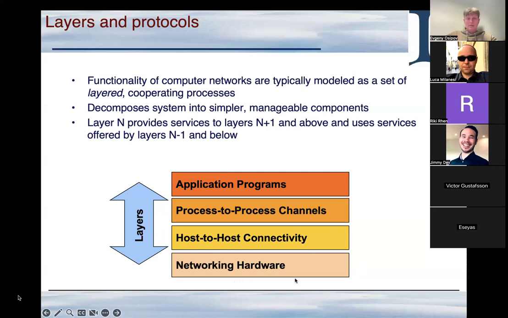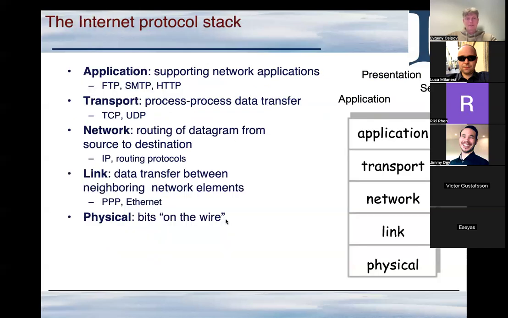Practically, the layered system means that functionality on different layers becomes isolated, and information is passed through well-defined software interfaces. In the case of the internet, we have 5 layers with different functionalities.